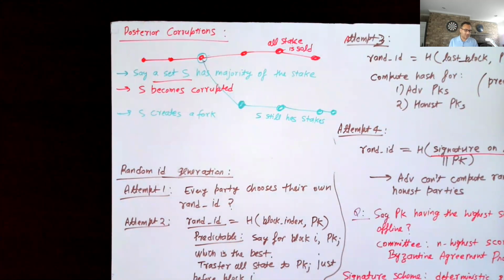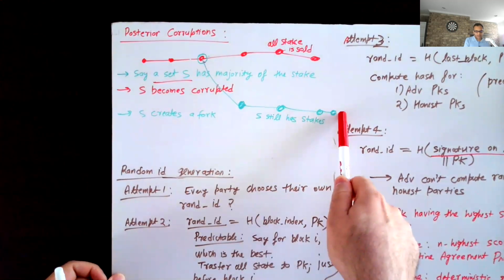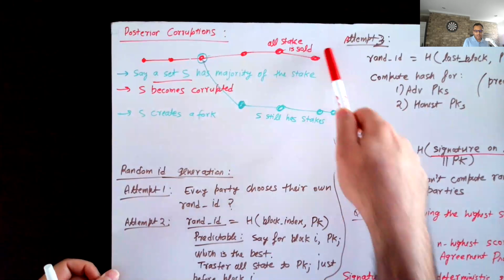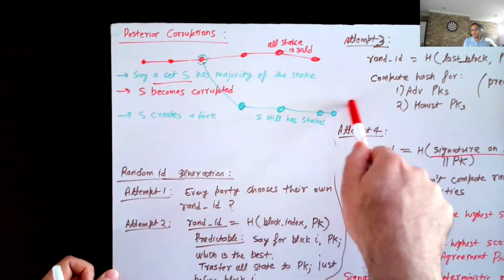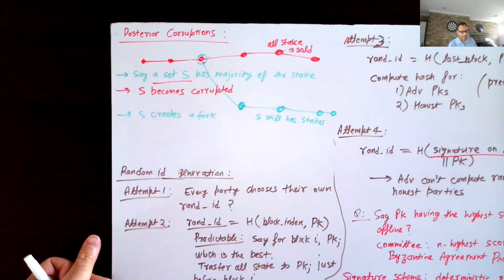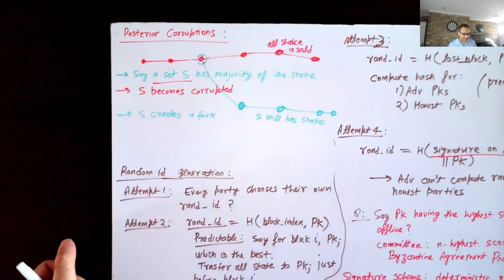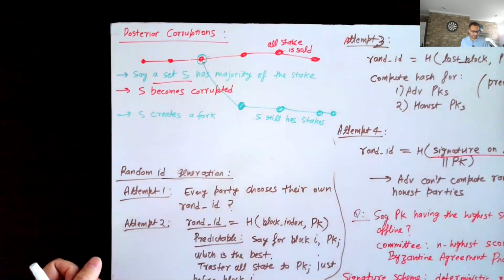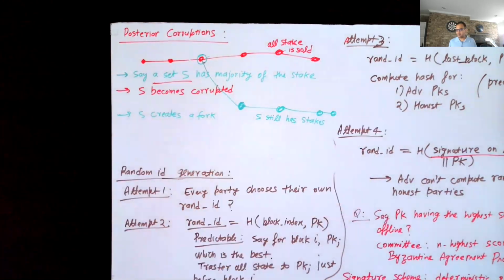The way this problem is resolved in proof of work is that if you go back from this point onwards, if you want to create a fork which is as long as the main chain, then you continue to need majority of the computing power. So creating a fork is very expensive in proof of work. But in proof of stake, I just go back to this point, I have majority of the stake, and I can create an arbitrarily long chain.